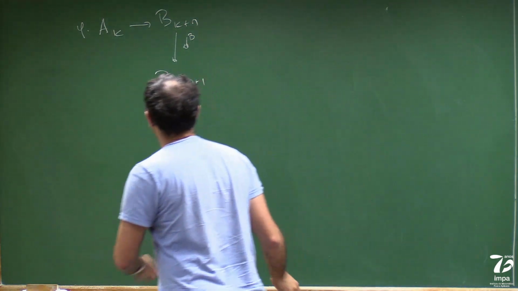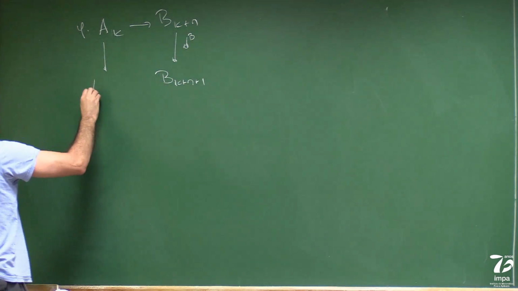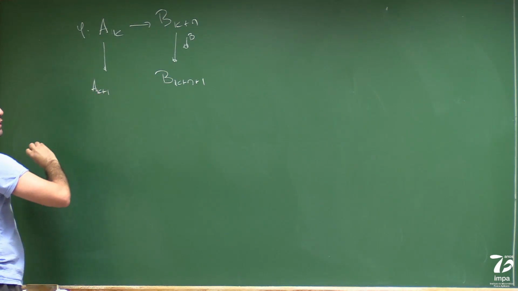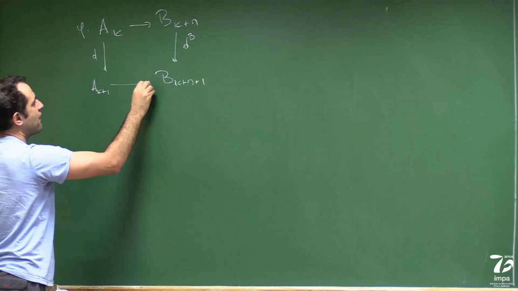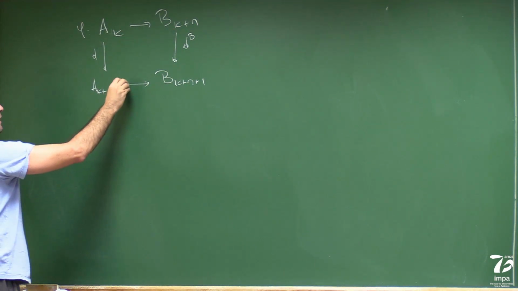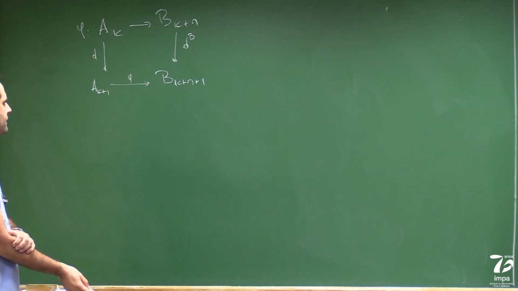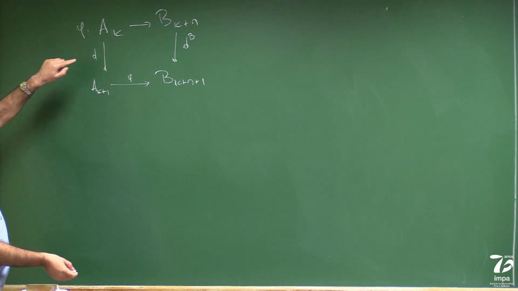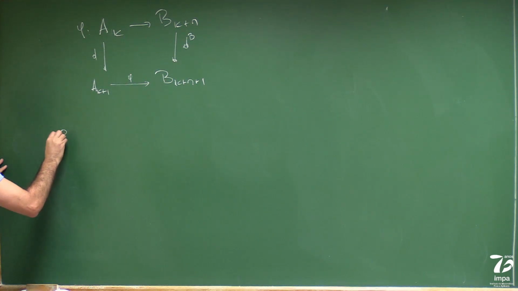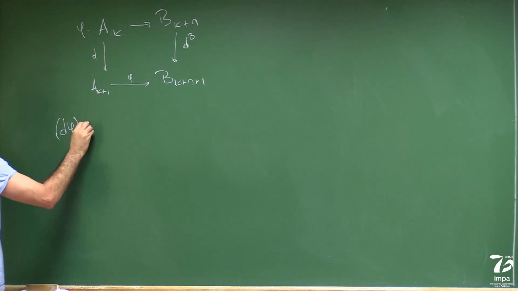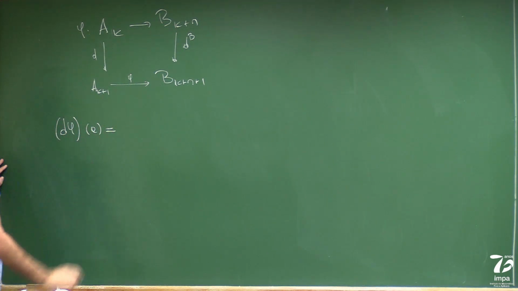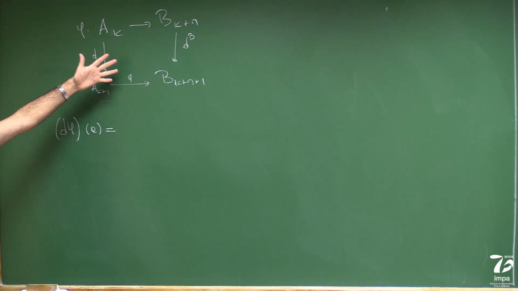Or I can apply d in the complex A and land in AK plus 1, and then apply phi to land in BK plus n plus 1. So that's going to be my d phi. So d phi of a is going to be a linear combination of these two things.